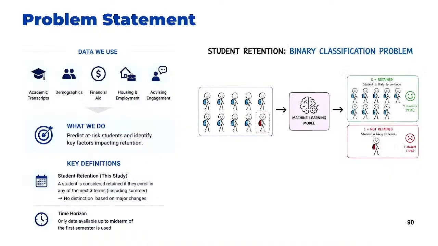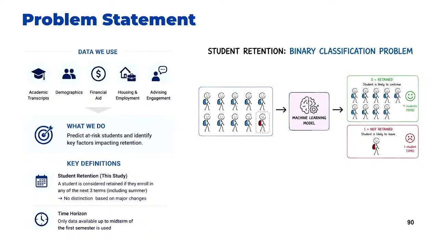We define our problem as a binary classification. So using the available institutional data such as academic transcripts, demographic, financial aid, housing, employment, and advising engagement, tracking if undergraduate students talk to an advisor about what kind of courses they want to take the next semester and other challenges that they are facing.